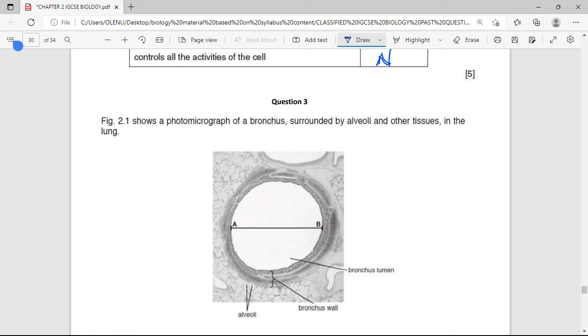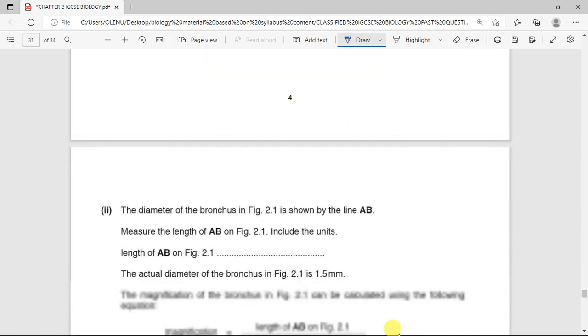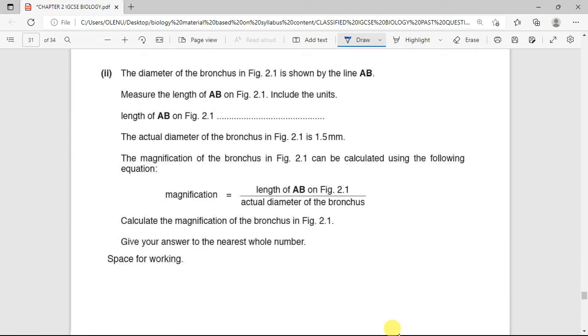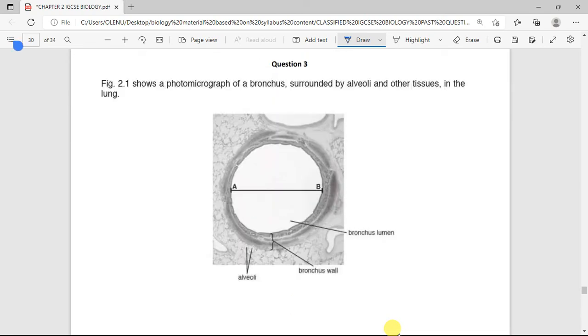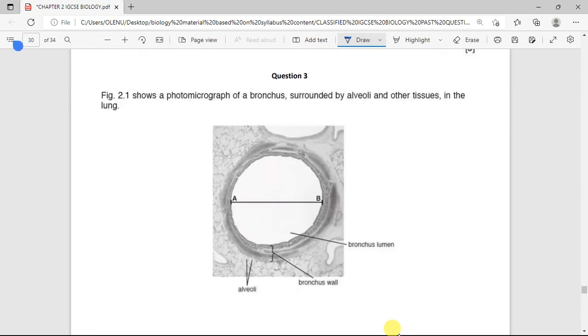Okay, here they said figure 2.1 shows a photomicrograph of a bronchus surrounded by alveoli and other tissues in the lungs. What kind of question is this? Magnification. When you're given a question like this, the first thing you need to do is use your ruler.